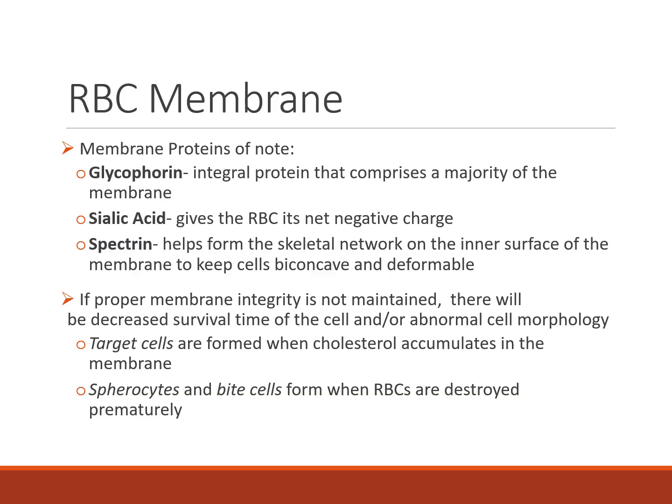Target cells, again, are formed when cholesterol accumulates in the membrane. So that is why they have that bullseye appearance. And then spherocytes and bite cells form when red blood cells are destroyed prematurely.